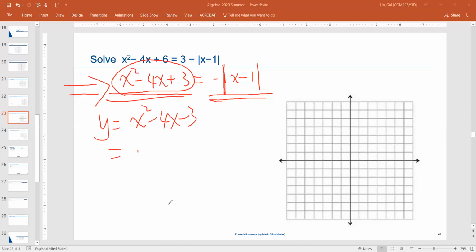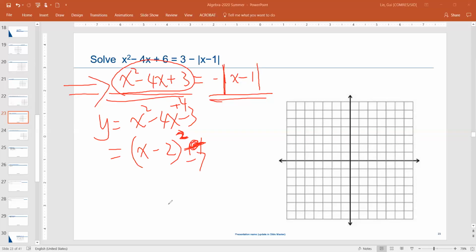This one can transform into what? Square root 3n plus 1, right? Everyone can do this step quickly right now, right? Plus 4 and minus 7, sorry, minus 7, right?